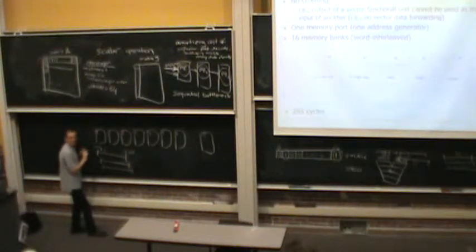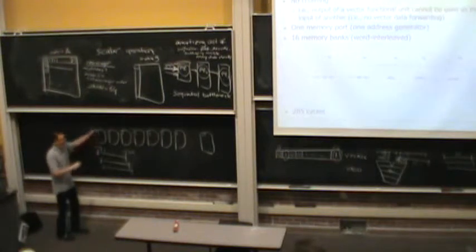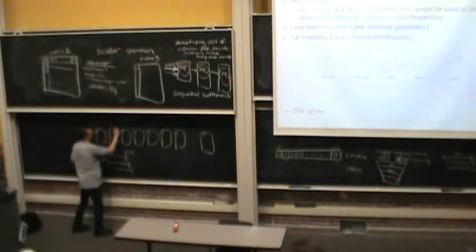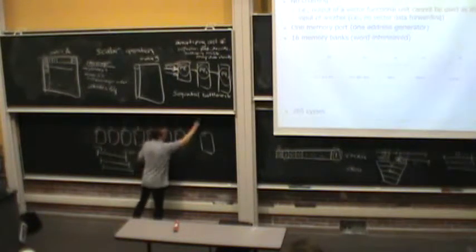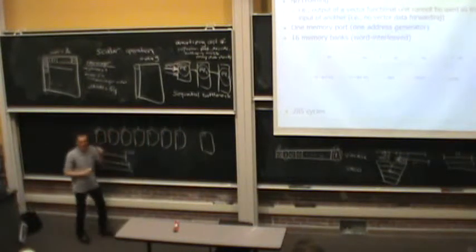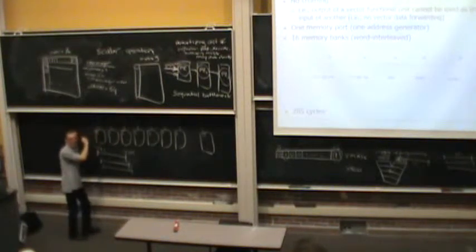So I guess my question is, why do we have to start the second one at time 1? Why can't they just start all the things at once? Oh, okay. Yeah, you could if you had different addresses. If you can supply the addresses in parallel to these banks, yes, you could do that. But the assumption is that you have only a single address bus going to memory.